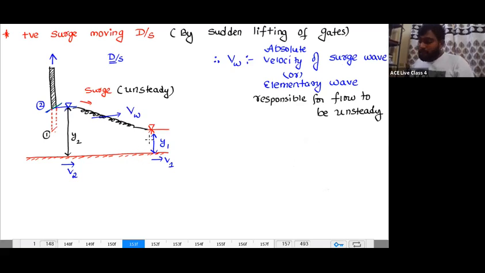Now you see, in order to convert into an equivalent steady state, what we do is we apply an imaginary magnitude of VW opposite to the direction of surge.